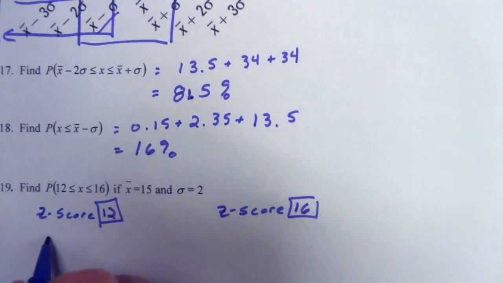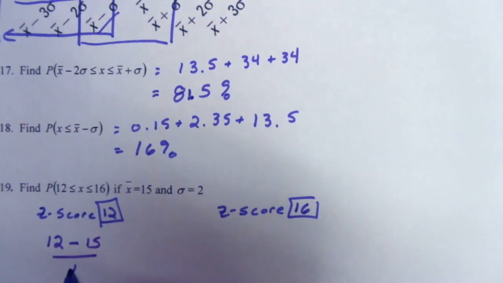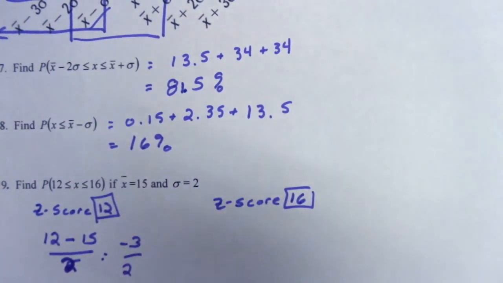So for 12, it's the x, so 12 minus the mean, which is 15, over the standard deviation, which is 2. Oops, change that to a 2. 12 minus 15 is negative 3 over 2. It's negative 1.5. All right, now I need to look that up on the table.